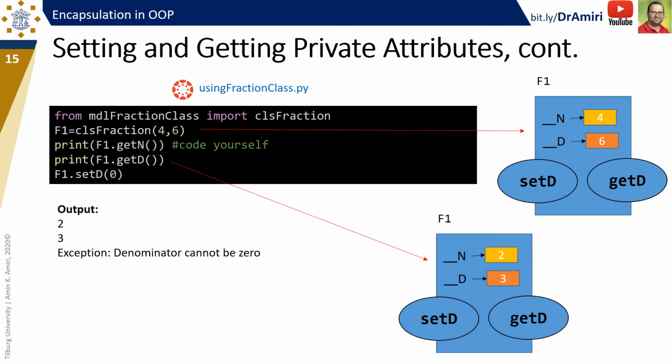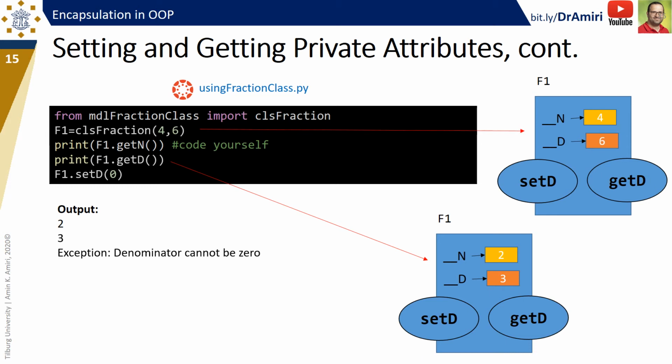So now if you try to use this fraction class to create an instance called f1, giving two values 4 and 6, you can see that behind the scene two private attributes, private n and private d, are created and are set to 4 and 6 respectively.